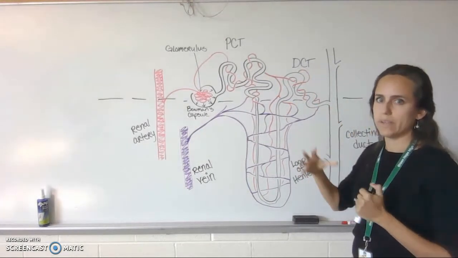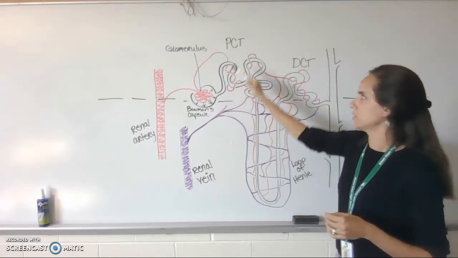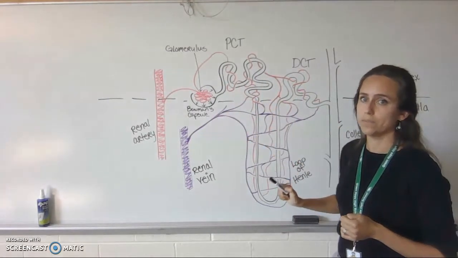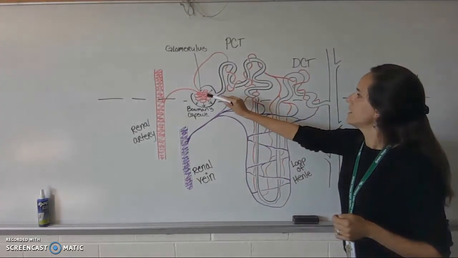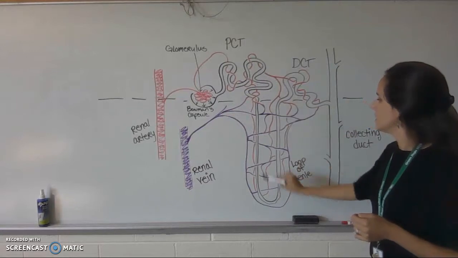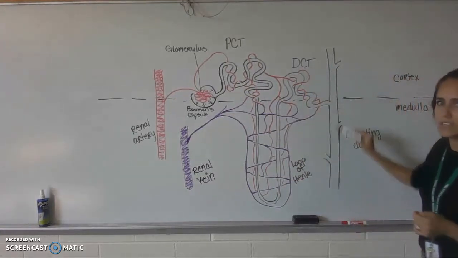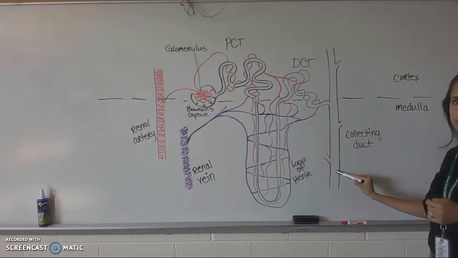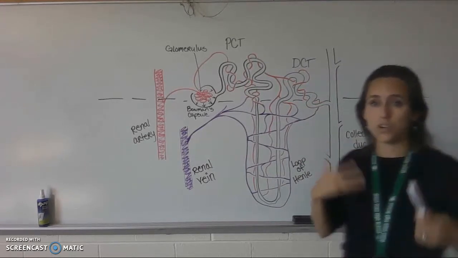Distal because remember, it's a bit further away from the Bowman's capsule than the first part of the tubule. So filtrate gets taken up by the Bowman's capsule, passes all through these tubules, and by the time it reaches this collecting duct, it's urine.